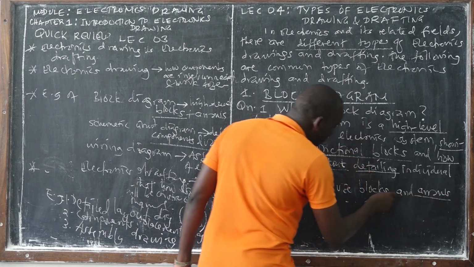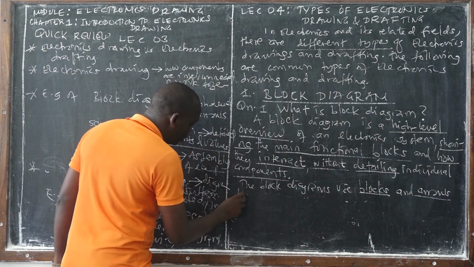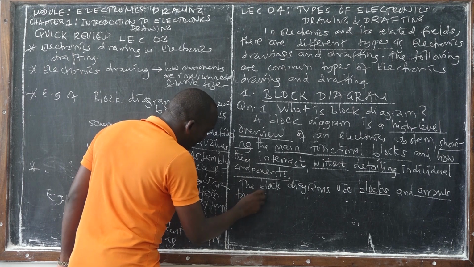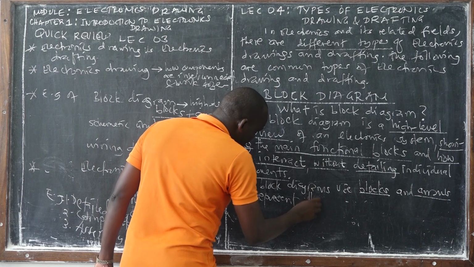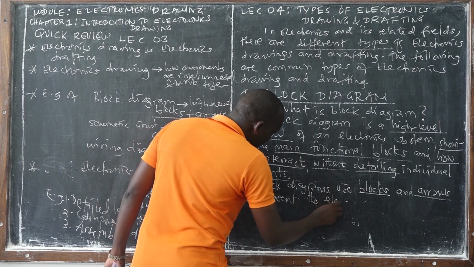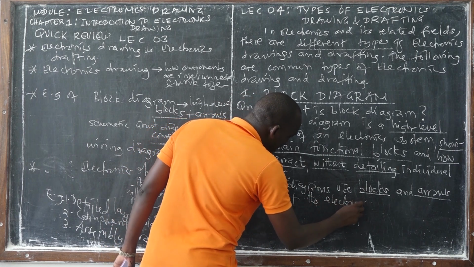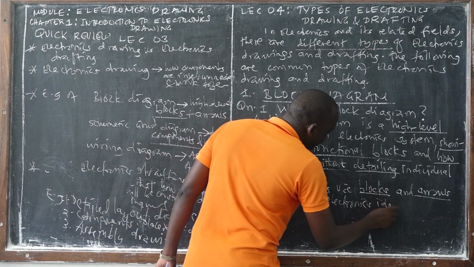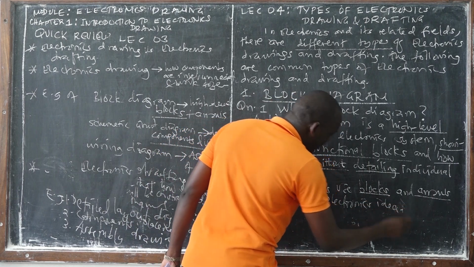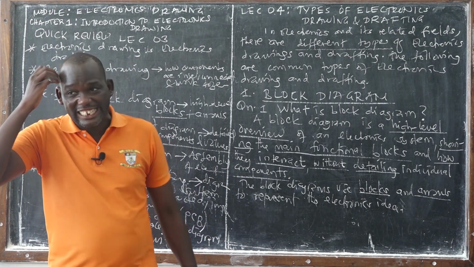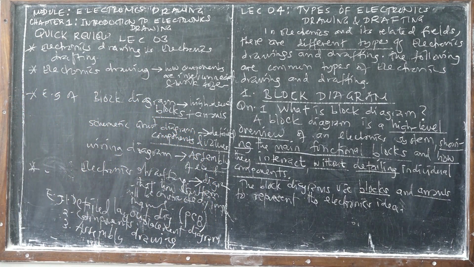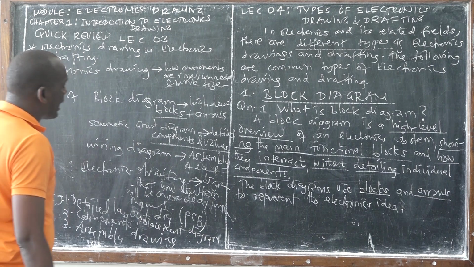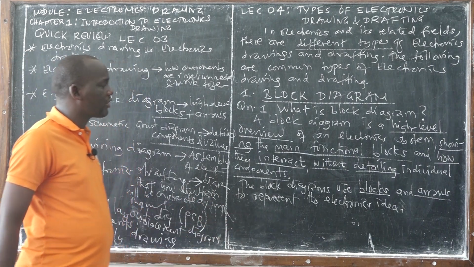Arrows to represent the electronics idea. The limitation of the block diagrams is that it does not show the components. Stop writing. In the previous lecture I taught you an example of a block diagram.